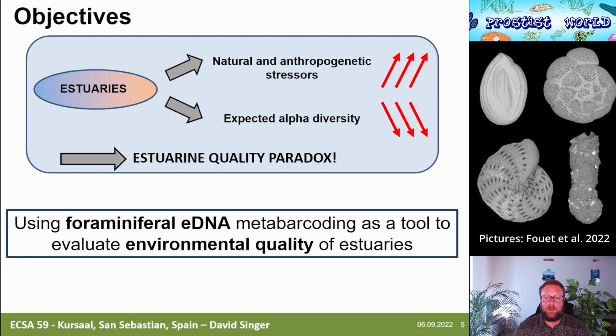So they will provide in estuaries bad quality. So that's what we call the estuarine quality paradox. Therefore, our objectives are to develop a new tool using Foraminifera eDNA to see if we can obtain a better assessment of the environmental quality of the estuaries.